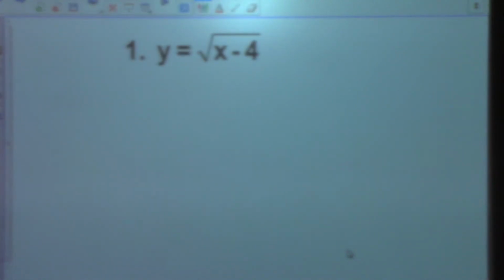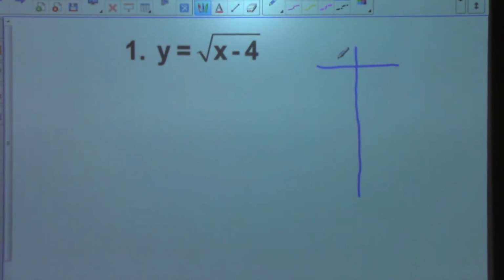Yeah, that's right. One thing we did in fifth period today is we made a table and tried different points, right? If you try 0, you have undefined. What does DNE stand for? Does not exist.